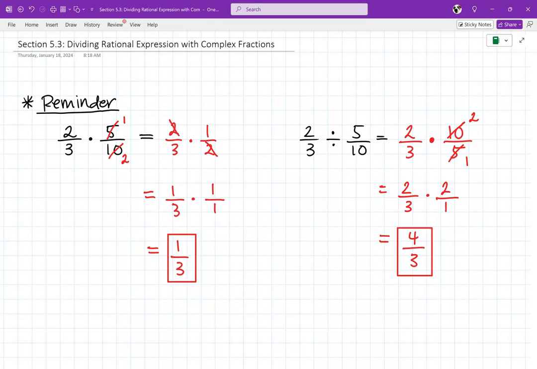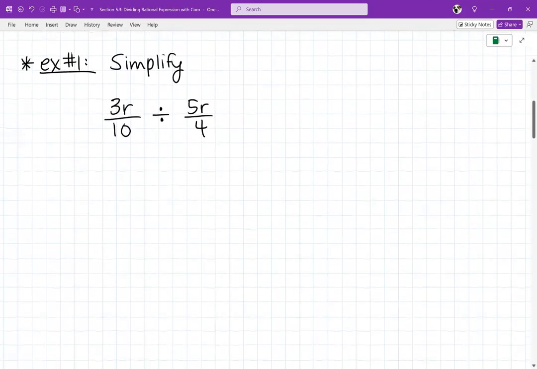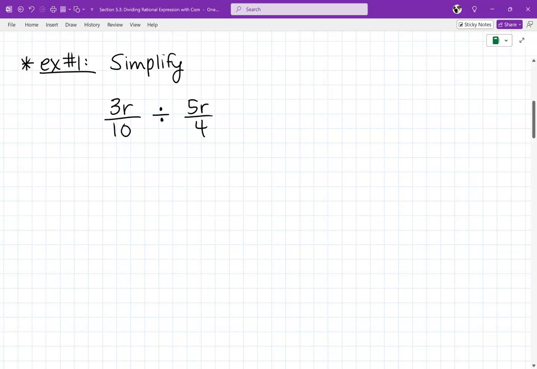Now, this is all great, but we're doing stuff like this, right? We're dealing with letters as well. And we're starting off with some easier stuff as usual, and then we'll get to the more difficult stuff. We're going to do 6 different examples. 4 are going to be these fraction type problems, and the last 2 are complex fractions.